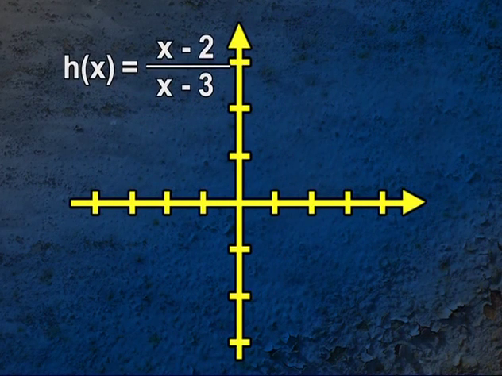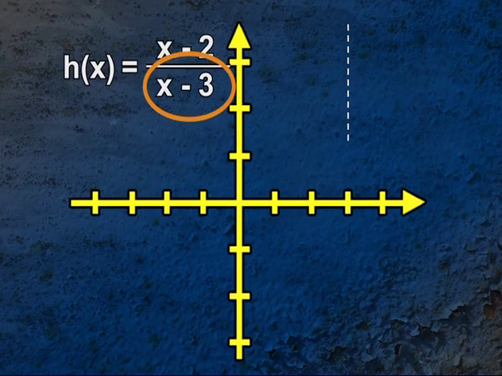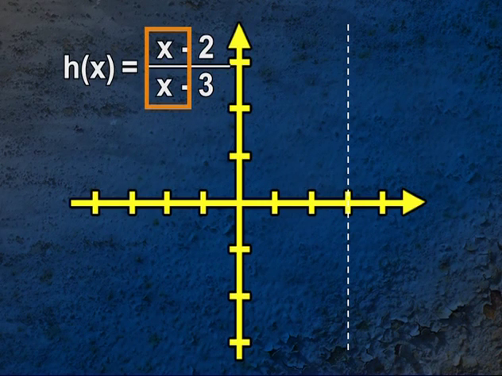Now what we want to do is identify vertical and horizontal asymptotes, and for the vertical asymptote we look in the denominator and we decide what value of x will cause this denominator to become 0, and that of course is x equals 3. So the line x equals 3 becomes our vertical asymptote. For the horizontal asymptote, we look at the coefficients.